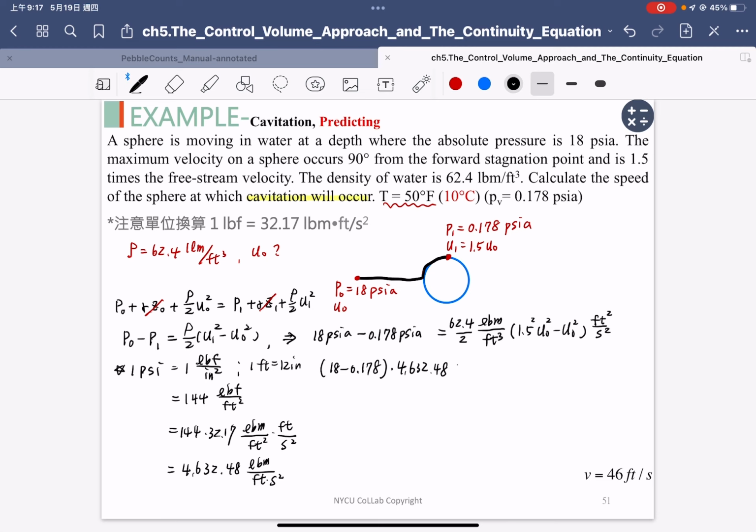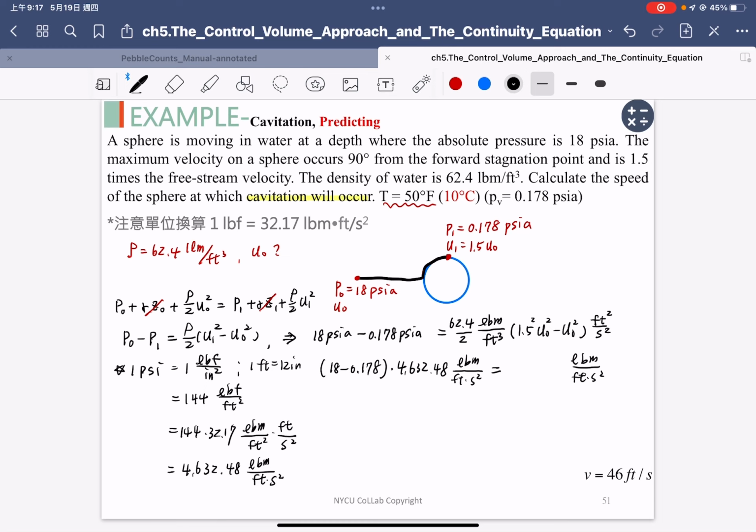So the unit is pound mass divided by ft divided by second square, the same unit on the right hand side. Okay, and I use the calculator to compute the number shown here.